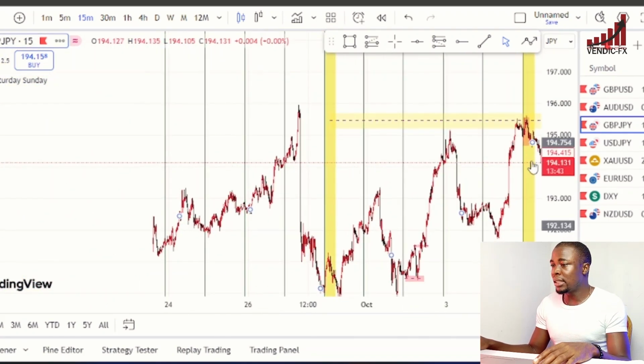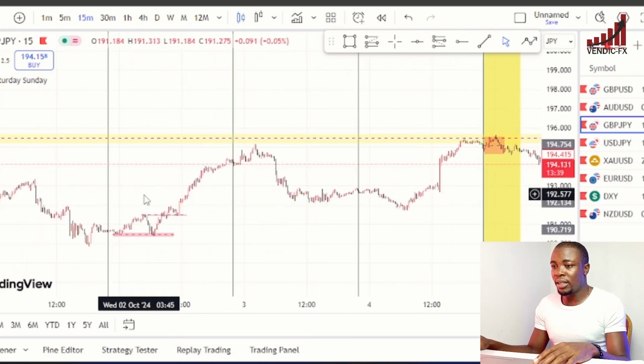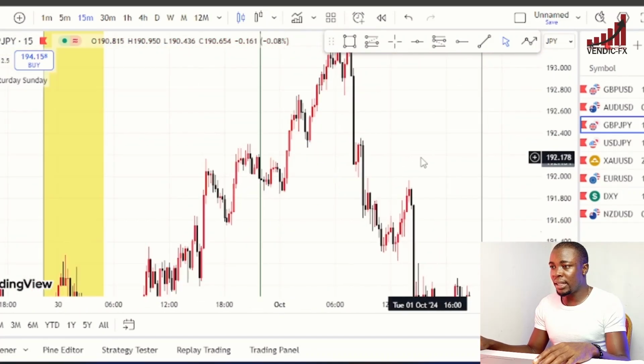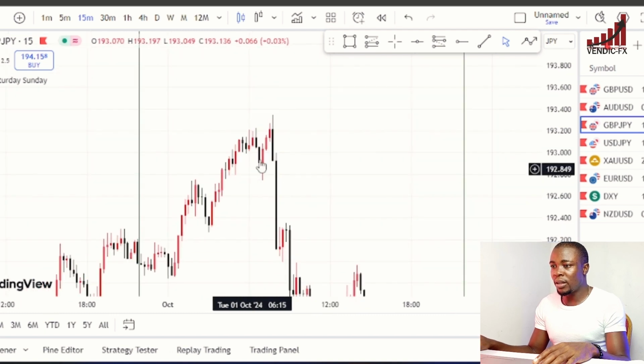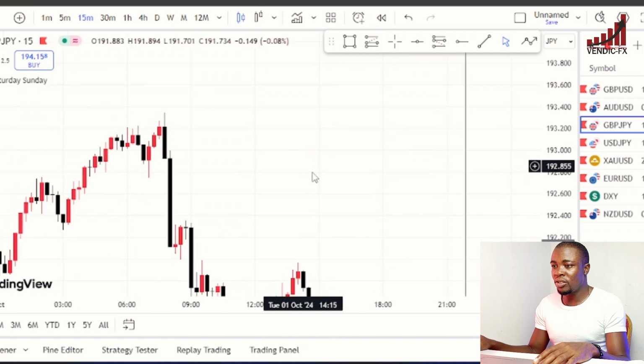So this is what I'm trying to say. Let's scroll up a little bit and see if we can get it. This was on the 1st of October. We have a reversal point here. Let's say the market just reversed from here.